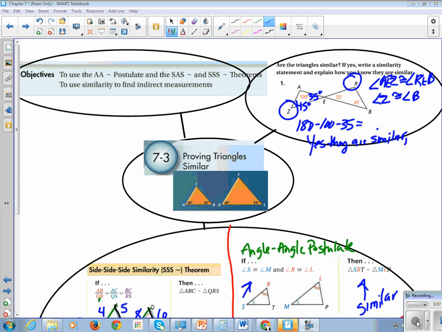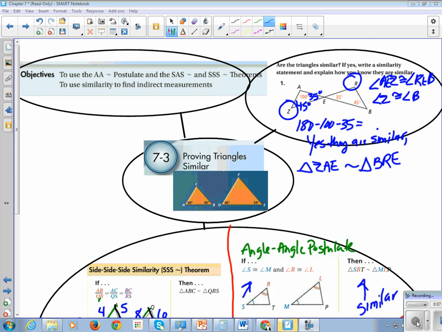Write a similarity statement. So let's go triangle ZAE is similar to... okay, so who's Z's buddy over here? R. No, I'm sorry, B. Okay, who's A's buddy? R. And then we have only E left.